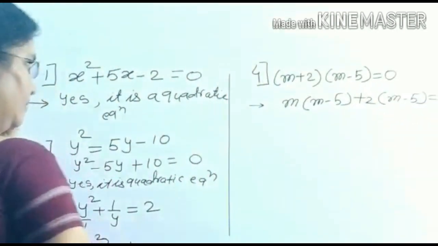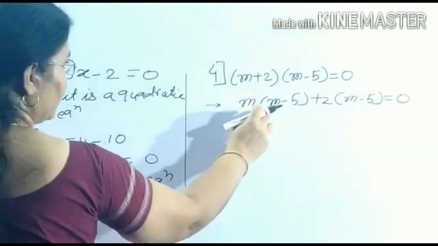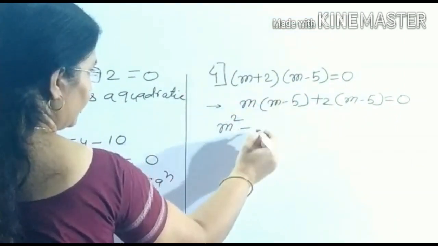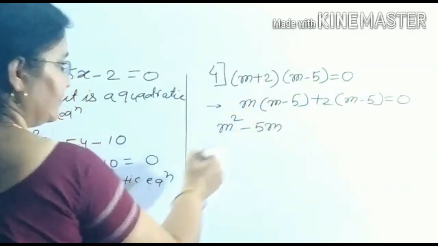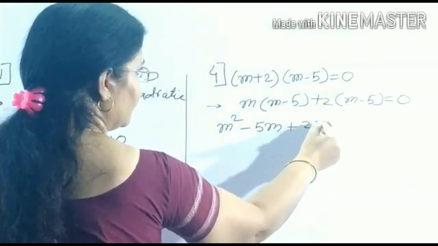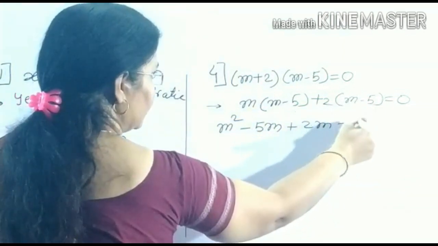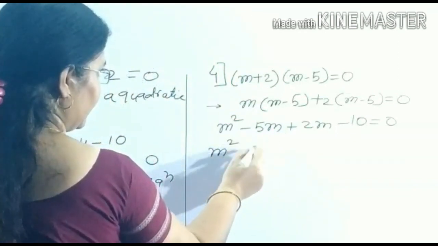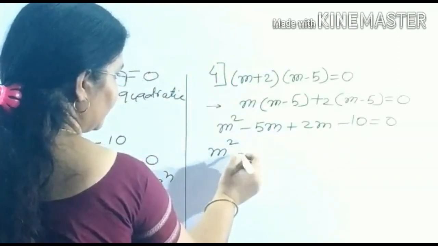Let's multiply it. M into m it is m square minus m into 5, 5m plus 2 into m, 2m minus 2 5 10 is equal to 0. That is m square minus 5m plus 2m. How much it is?